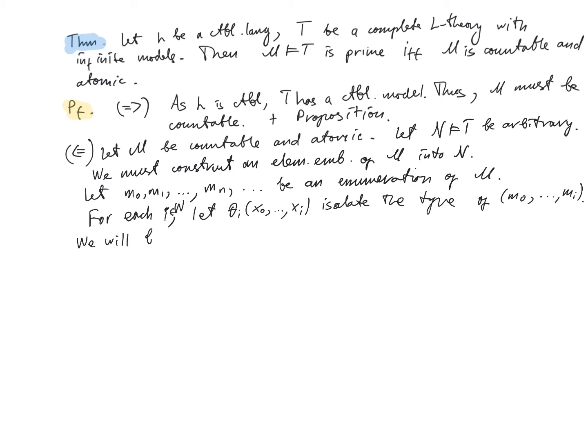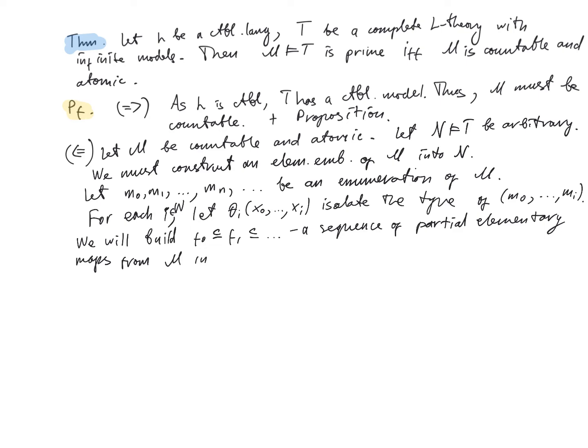Now we will build f0 contained in f1, contained in f2, etc., a sequence of partial elementary maps from M into N such that the domain of the map Fi is precisely the elements M0 through Mi minus 1.